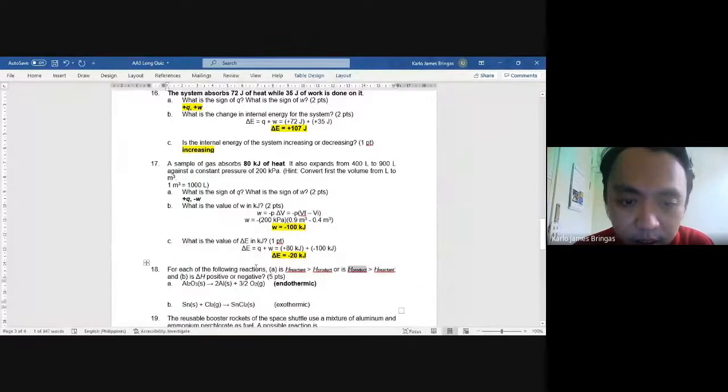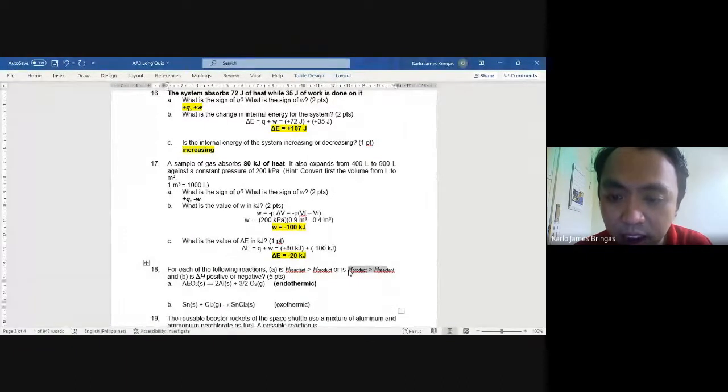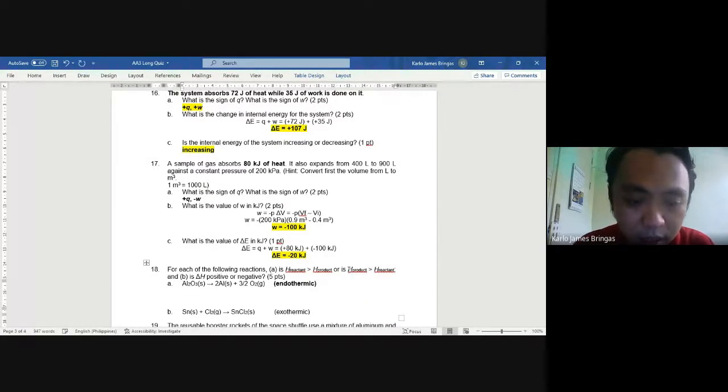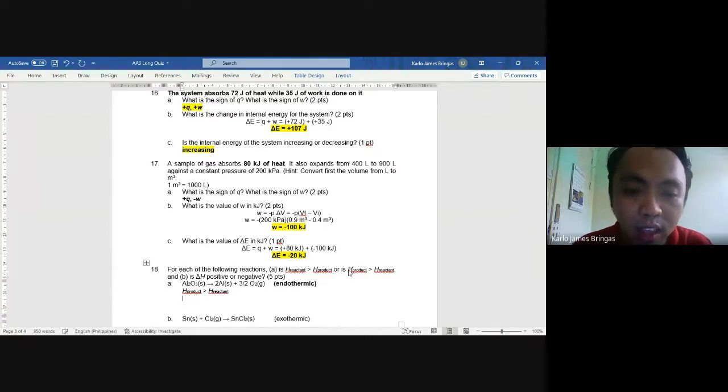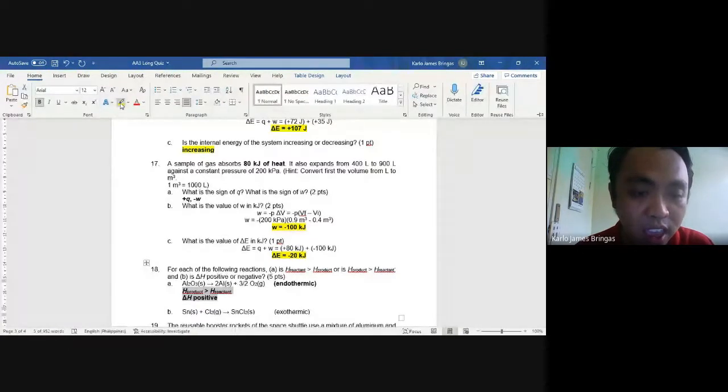So in here, since you have an endothermic reaction, we then know na, in this case, our product has a greater enthalpy than the reactant. So that, if we subtract product minus reactant, we get a delta H that is positive in value. And we know naman na pag endothermic yan, ang delta H has a positive na sign. So that is for letter A.